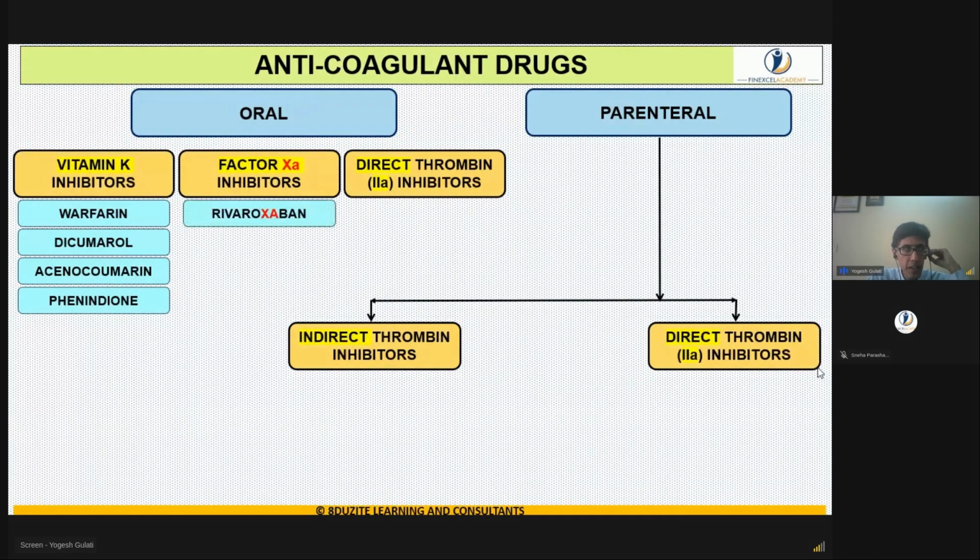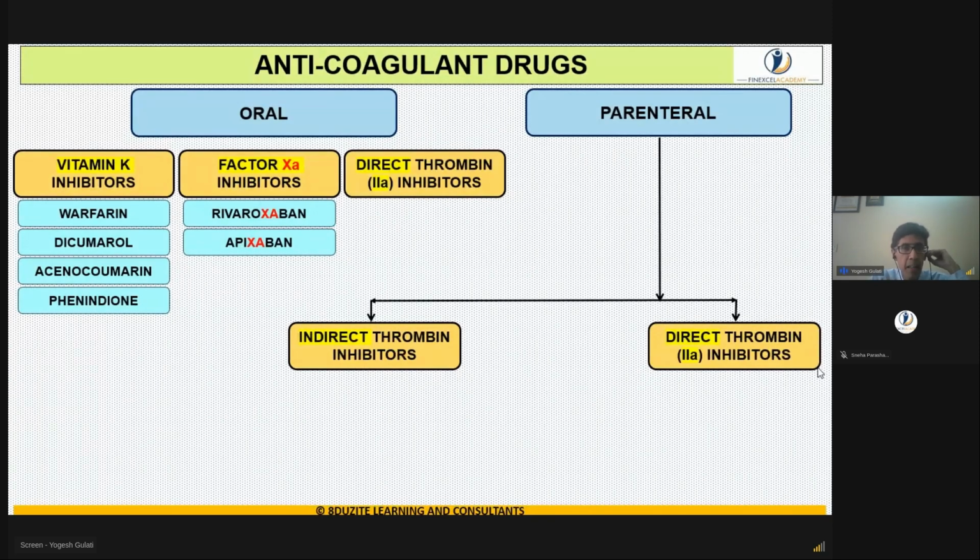So moving on to 10A, we have 2 drugs, rivaroxaban and apixaban. Now you can just see in factor 10A, it is highlighted in yellow. 10 is written in Roman numeral as X. So factor 10A, XA, and rivaroxaban and apixaban also have XA.